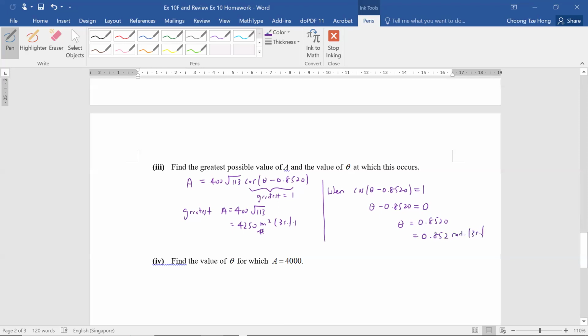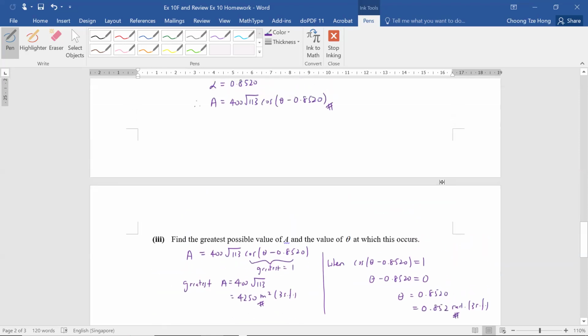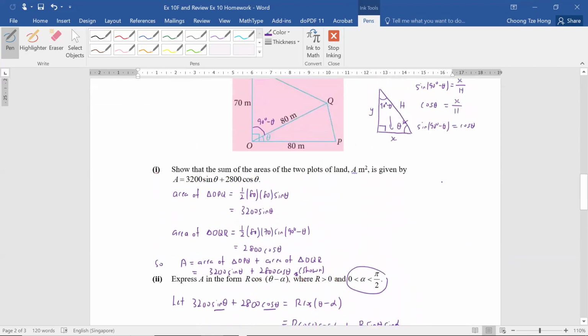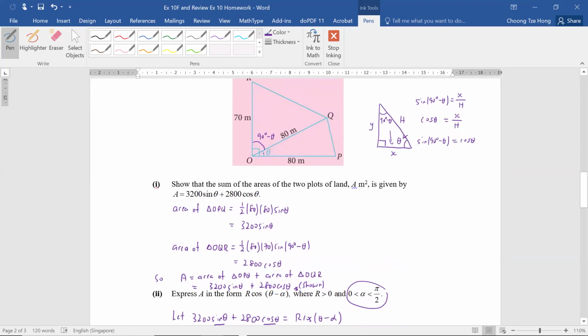Okay, so the meaning of this question is that this theta has to be the angle over here. If it's 0.852, then the area of the plot of land will be the maximum possible when this angle theta is 0.852 radians.